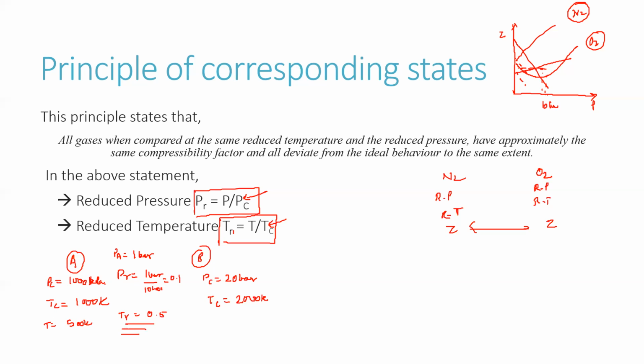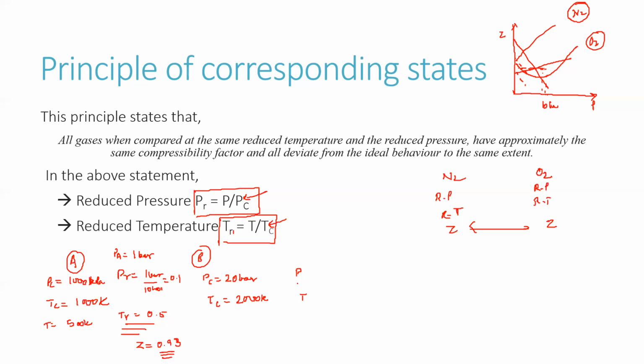So gas A has a reduced pressure of 0.1 and a reduced temperature of 0.5. Let's say Z for this condition is around 0.93. So if I take some pressure and temperature such that for gas B as well, the reduced pressure becomes 0.1 and the reduced temperature becomes 0.5.